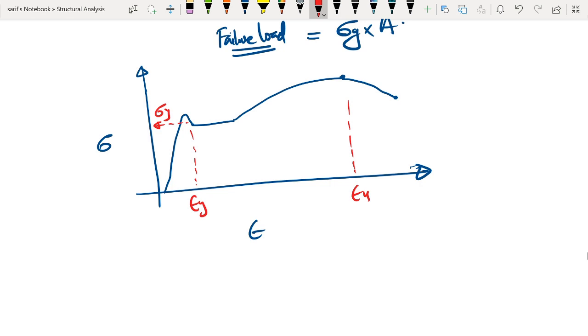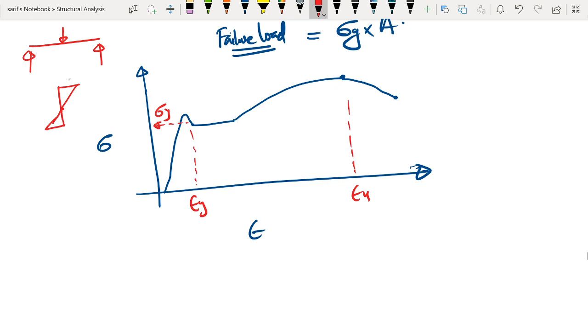Also another factor we have to consider is that, for example, if you are having a simply supported beam and when we are loading it, the maximum stress will be occurring at the, imagine we are considering a rectangular cross section, we have learned the bending theory, the maximum stress will be occurring at the extreme fibers.